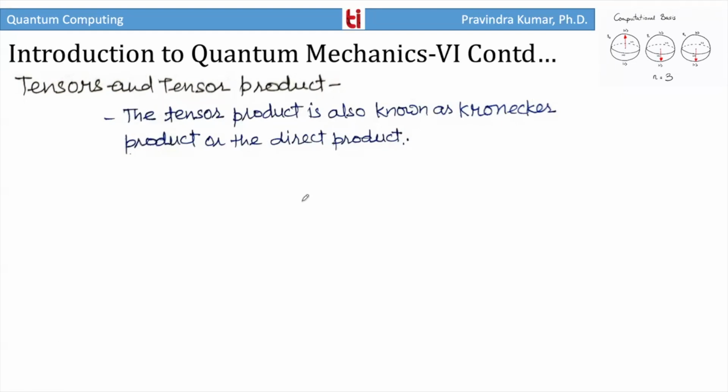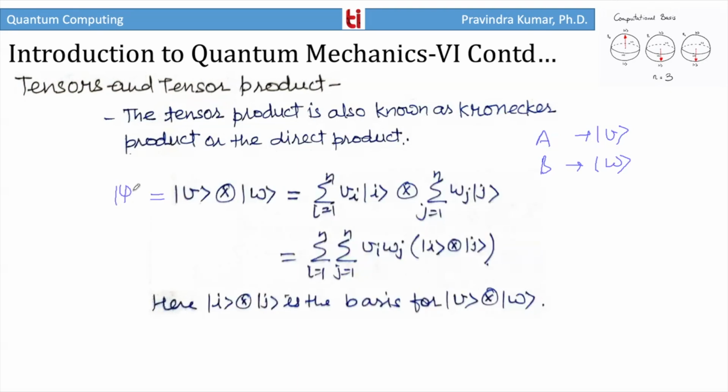If we have two systems, A with state |V> and system B with state |W>, then the joint state psi will be the tensor product of these two states V and W. And the state V can be represented as the linear combination of the quantum basis. Here |i> is the quantum basis for the quantum state V, and |j> is the quantum basis for the quantum state W, and this is the tensor product of both.